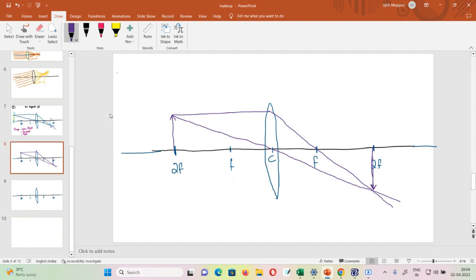So if an object is kept at 2f, this is my object, this is my image.